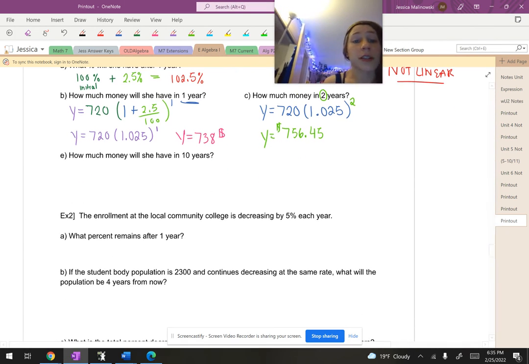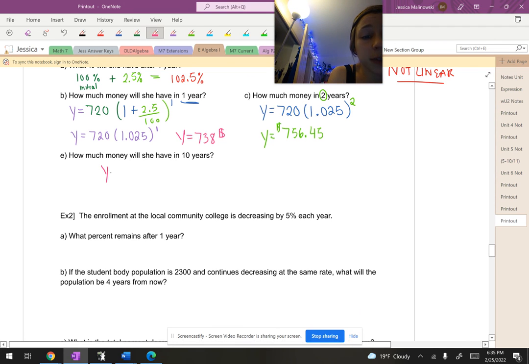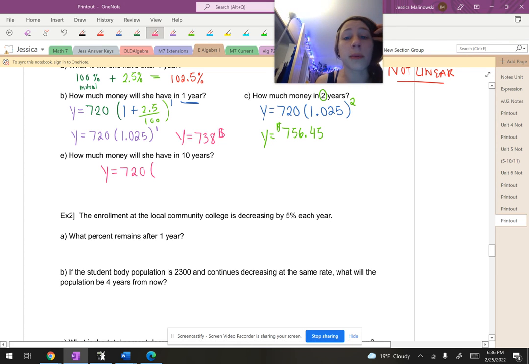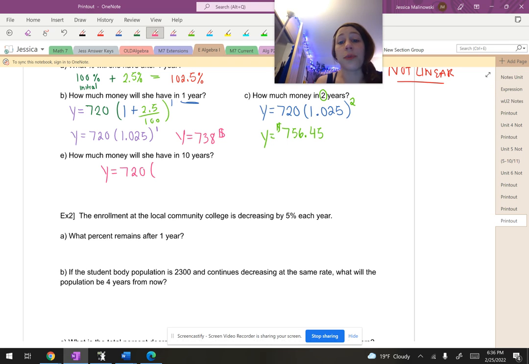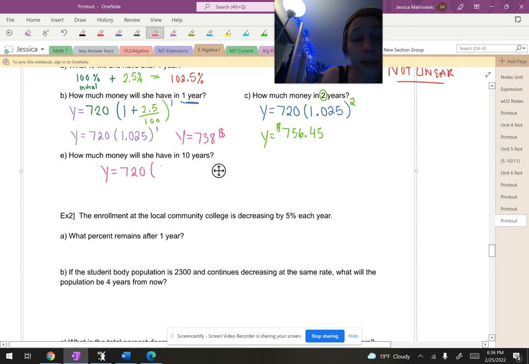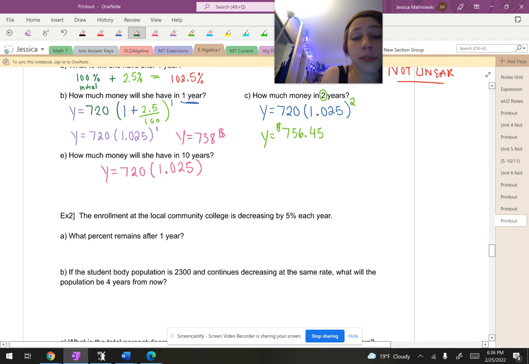So how much in 10 years? Same kind of thing. We're going to use that formula, y equals 720. And what's nice about this formula is that, instead of having to replace that new number after 9 years and keep going to figure all of that out, I can just change that exponent and it will do all of that calculating for me. To the 10th.